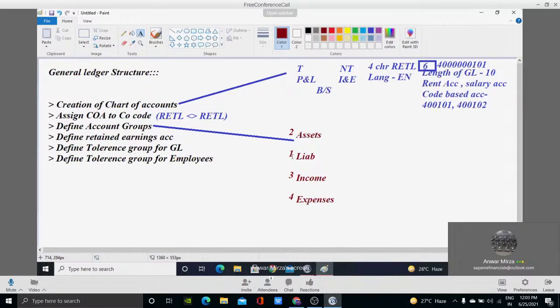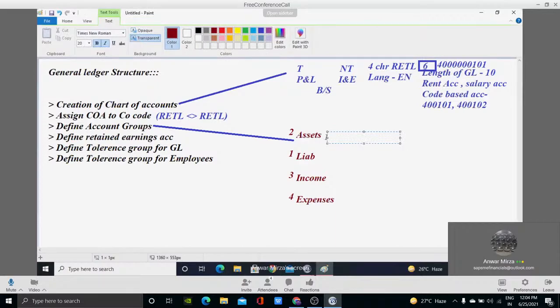Your choice. Now let's configure the groups and the length or range of groups. Like I said, if I have selected a 6-character code, my first group under assets is fixed asset. Fixed asset starts with 2, so it is 200000 to 200100, that is 2 lakh to 2 lakh 100.